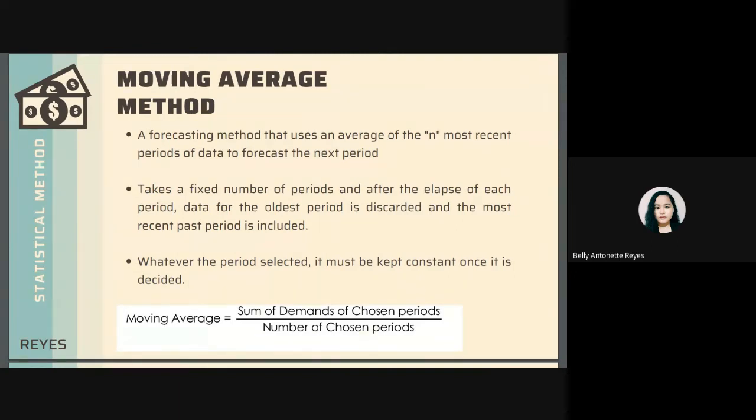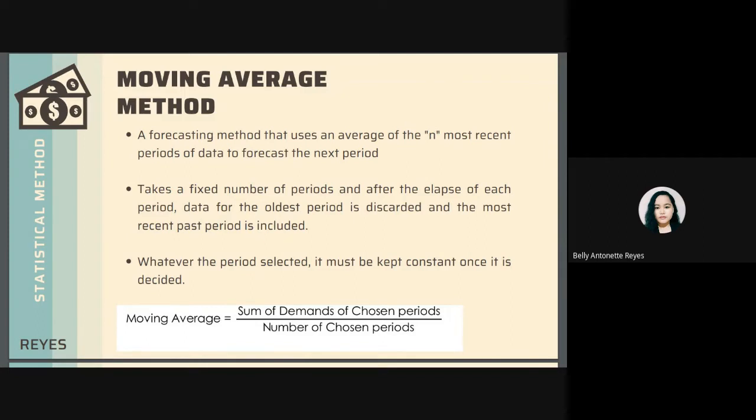Next, we have the moving average method. It is a forecasting method that uses an average of the n most recent periods of data to forecast the next period. This method takes a fixed number of periods, and after the elapse of each period, data for the oldest period is discarded and the most recent period is included.